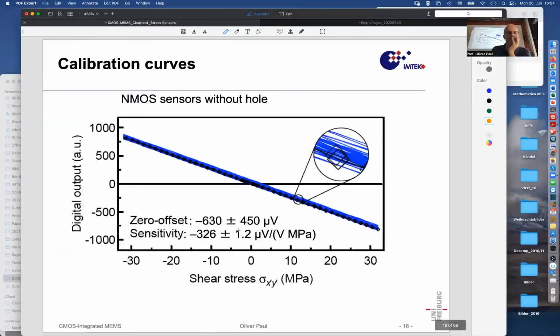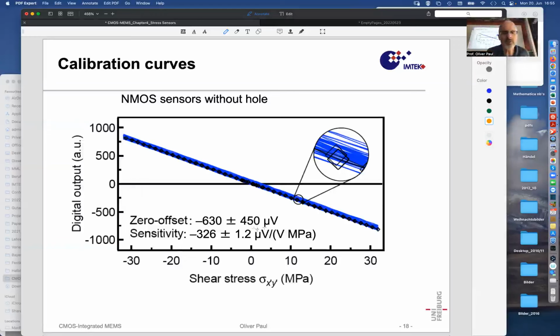And then here those NMOS sensors with hole were characterized, by the bunch, to show some statistical variations among the samples, and it's amazing to see how stable the sensitivity of these field effect transistors is. I mean, CMOS technology is about producing identical transistors. And so they seem to be identical also from the point of view of piezoresistive response.